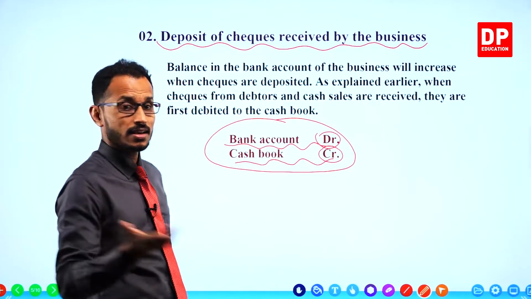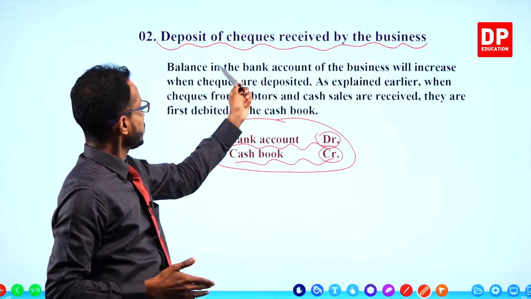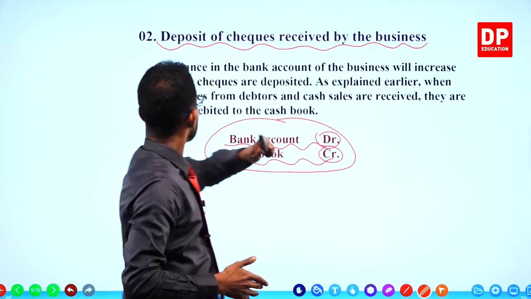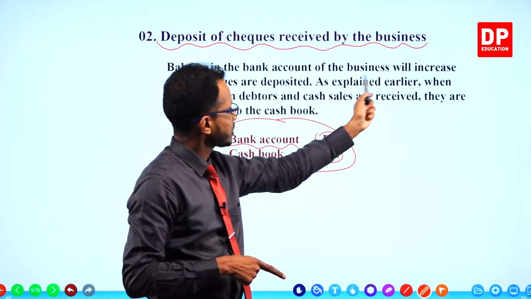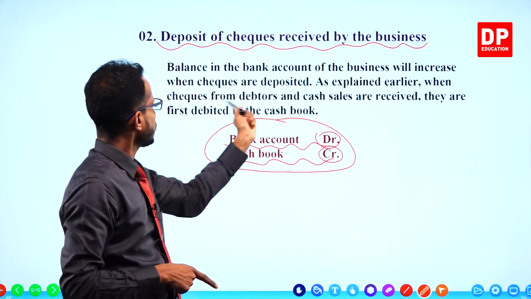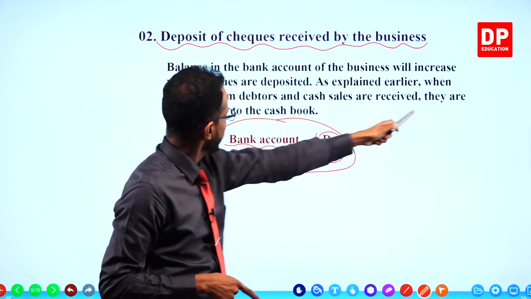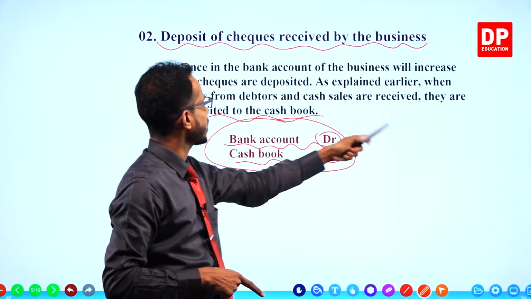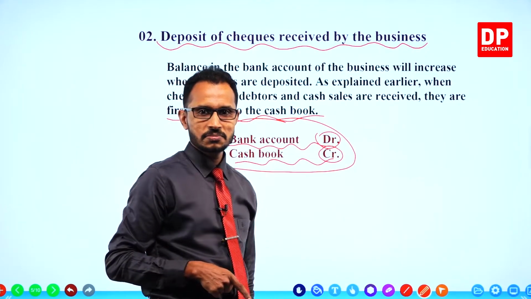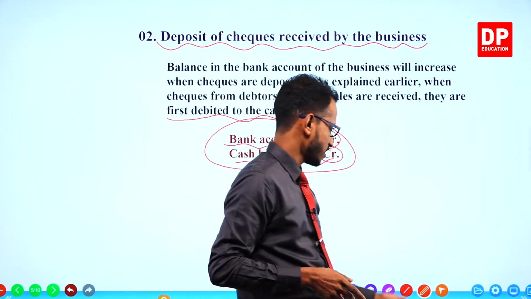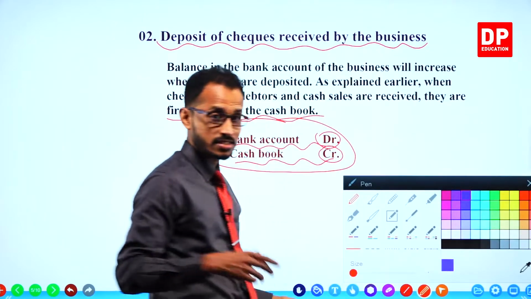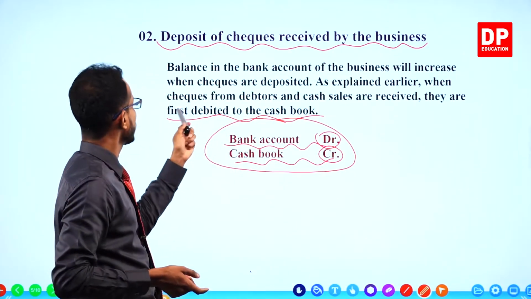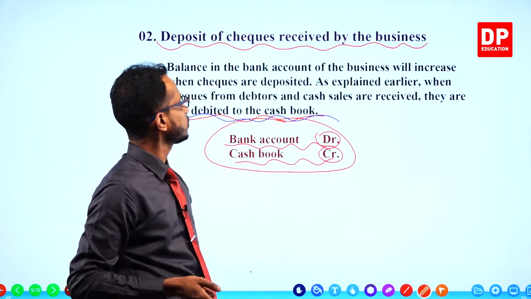So it says the same thing here. Balance in the bank account of the business will increase when checks are deposited. As explained earlier, when checks from debtors and cashiers are received, they are first debited to the cash book. Same thing as I just now explained. First debited to the cash book.